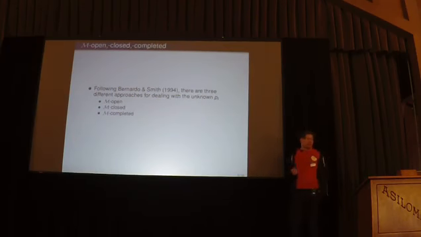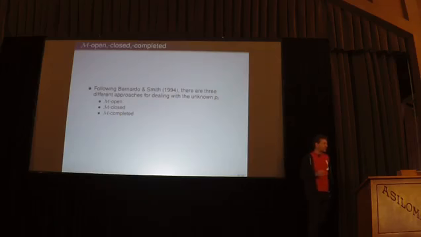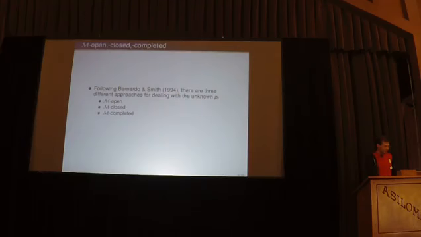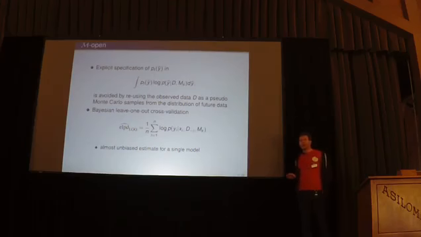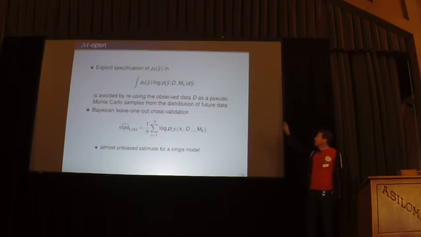Following Bernardo and Smith, there are three different approaches to dealing with this unknown p_t: M-open, M-closed, and M-completed. Today I talk about M-open and M-completed. In M-open, we avoid explicit specification of p_t by reusing the observed data as pseudo Monte Carlo samples from the distribution of future data.